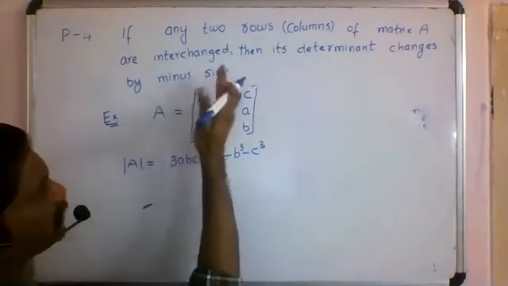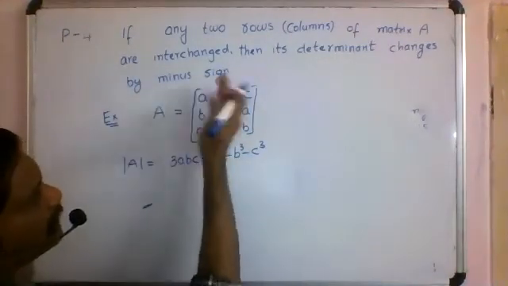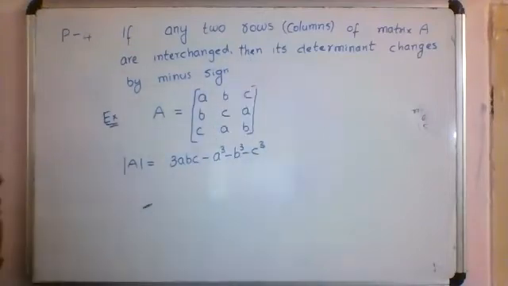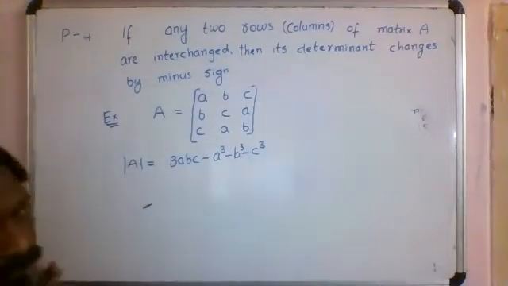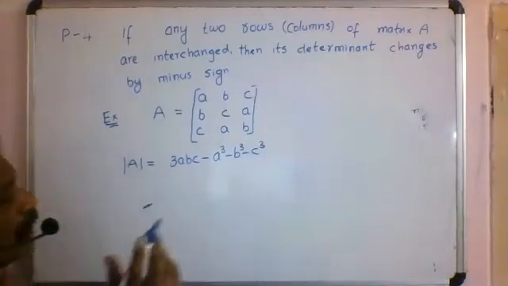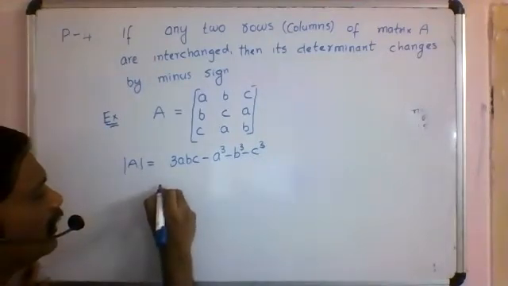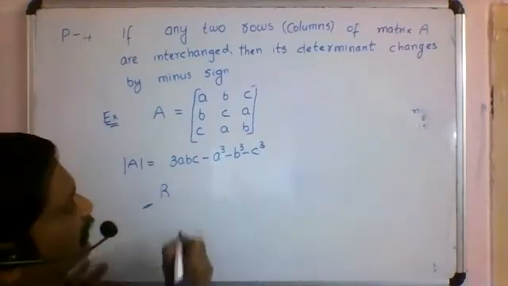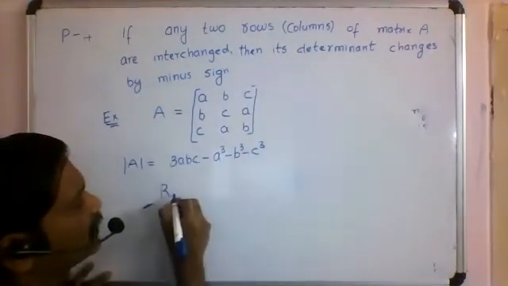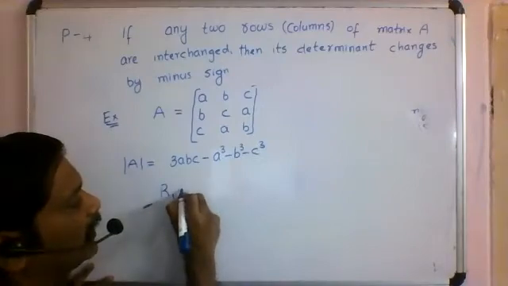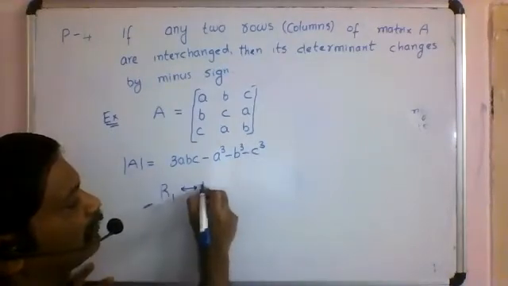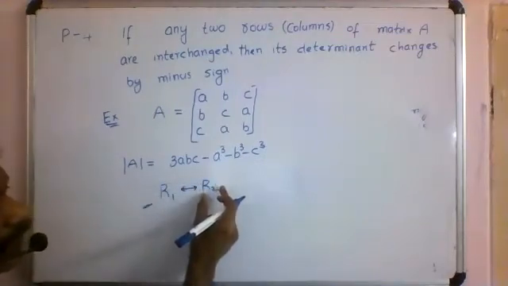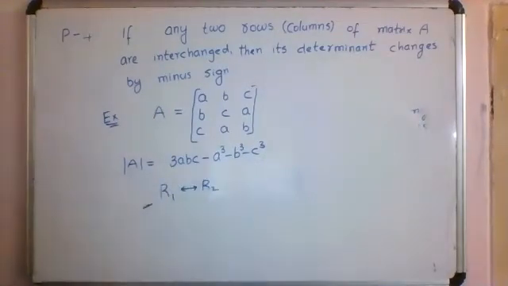Or else you can interchange the first column with the second column, or first with third, or second with third. When I interchange any two rows, here I take the first and second rows. I write R1 double implies R2, which means R1 elements are written in R2 and R2 elements are written in R1.